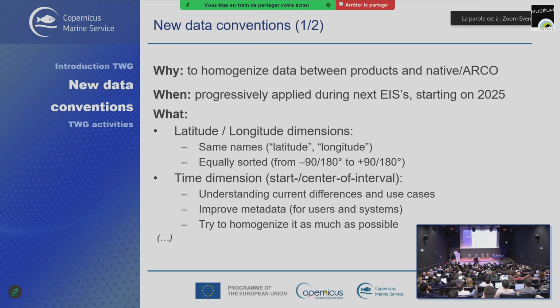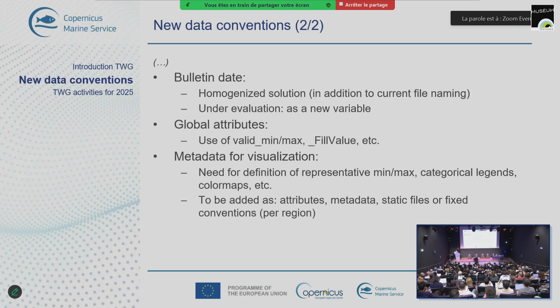We want to understand, so we want to talk with you, we want to have this collaboration and understand the different cases and the differences, and find a solution, improve the metadata so that the users and the systems, for example the toolbox, can obtain the information as they want to obtain it. And obviously the purpose is still to homogenize as much as possible.